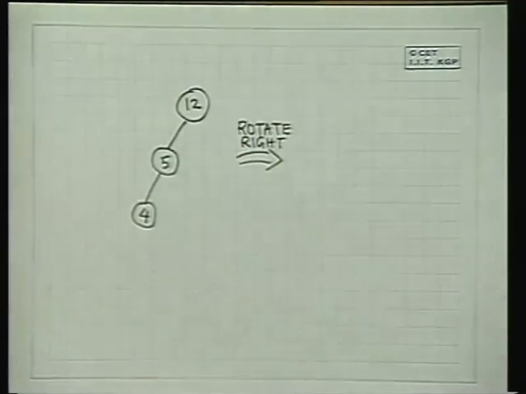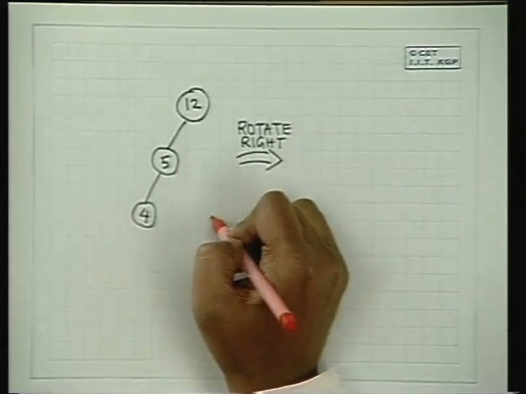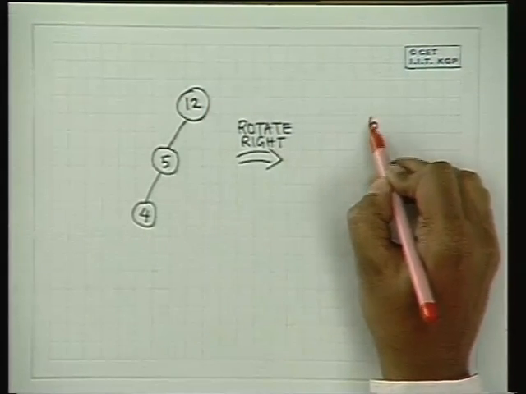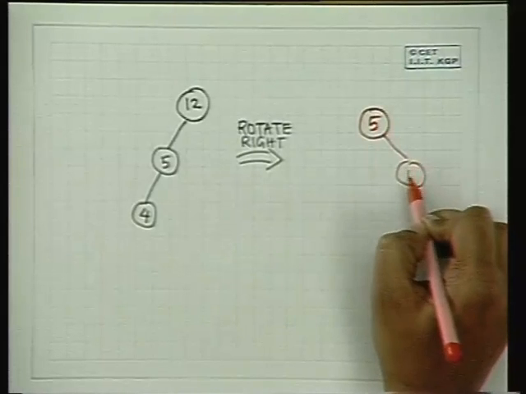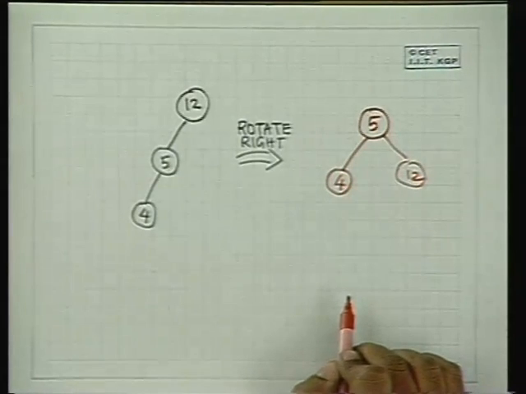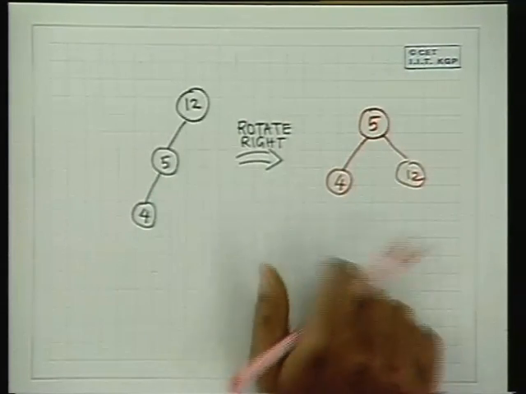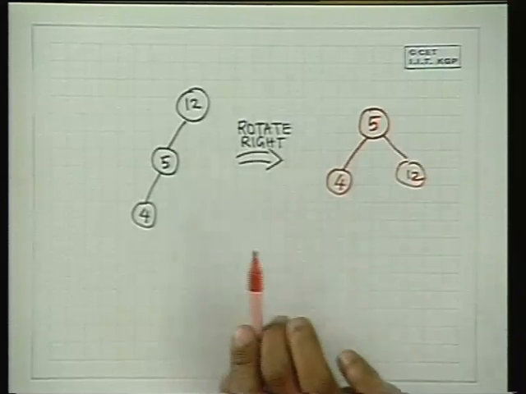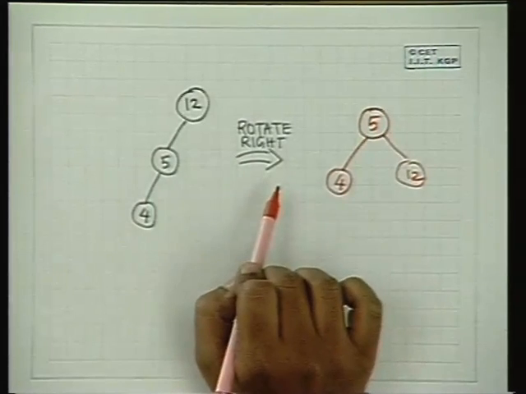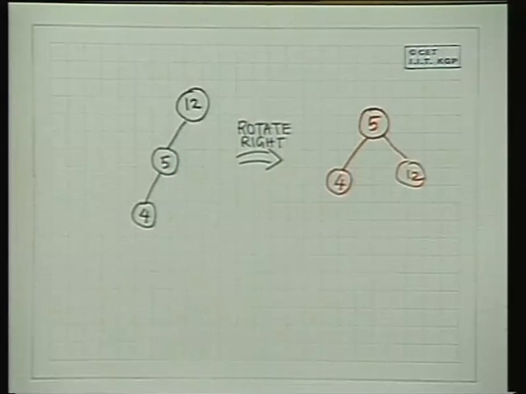This rotate right means move this as the right child of this and move this up. So it converts this to 5, 12, 4. It does a rotation. If it is skewed on the other side, it will do a rotate left. And once it rotates, it will continue to balance the right side.